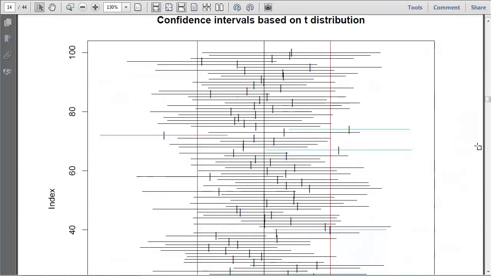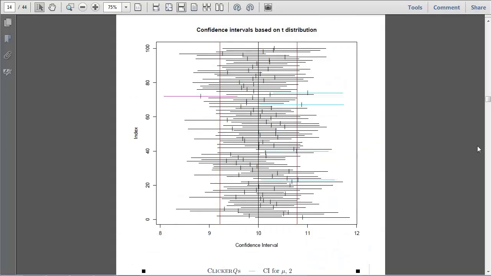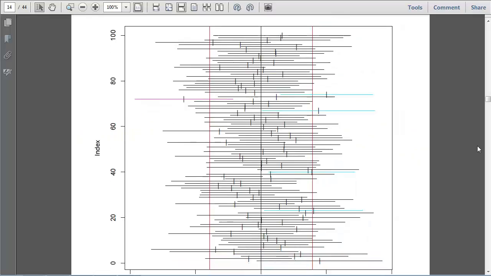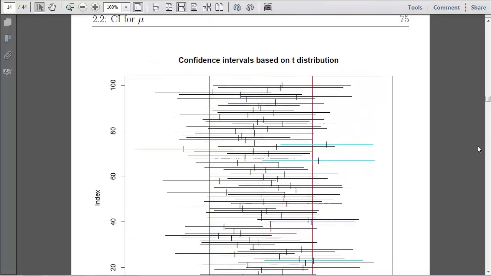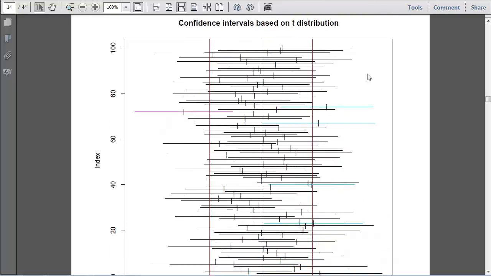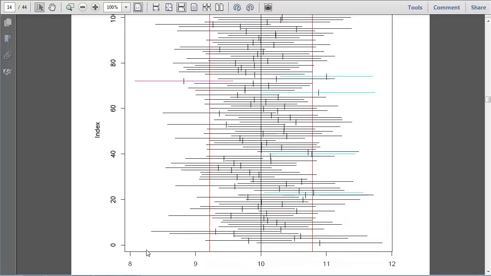All right, so I'm going to zoom out a little bit. There's no perfect way to put this on here. So I'm going to draw 100 samples. Those 100 samples are on this vertical axis, which goes from 0 to 100. On the horizontal axis, the true population mean equals 10.